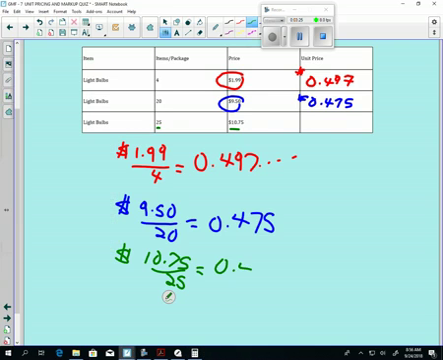So again, the higher the number of units, the cheaper the unit price.